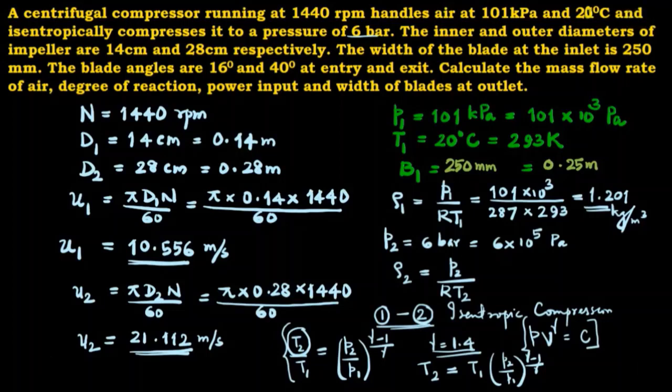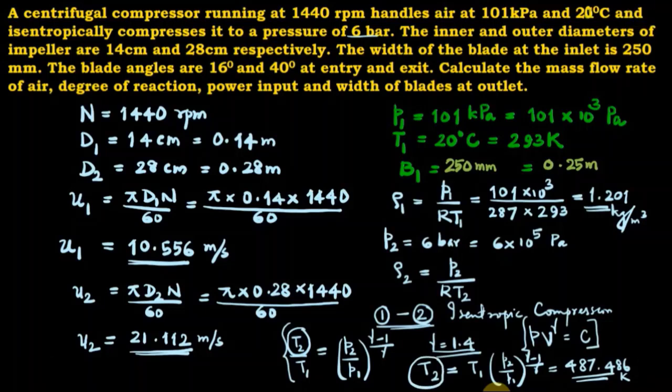Substitute all these values, and you will get T2 as 487.486 Kelvin. This is the temperature at the outlet.